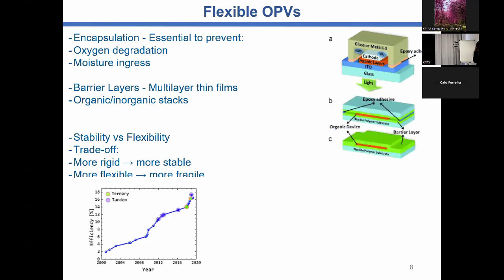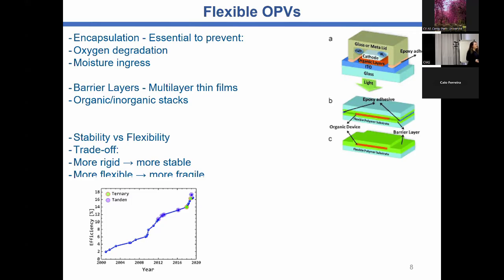In terms of flexibility, one issue also to prevent degradation that is very important for organics and also perovskite is the encapsulation. So encapsulation is a huge issue to avoid oxygen degradation and also moisture ingress.